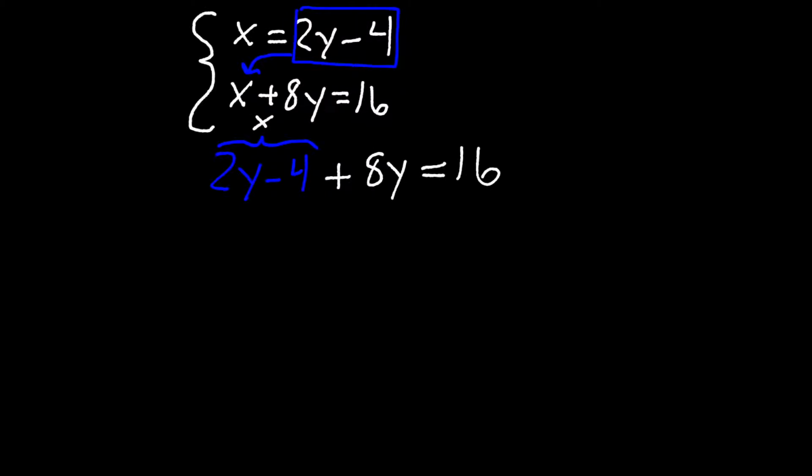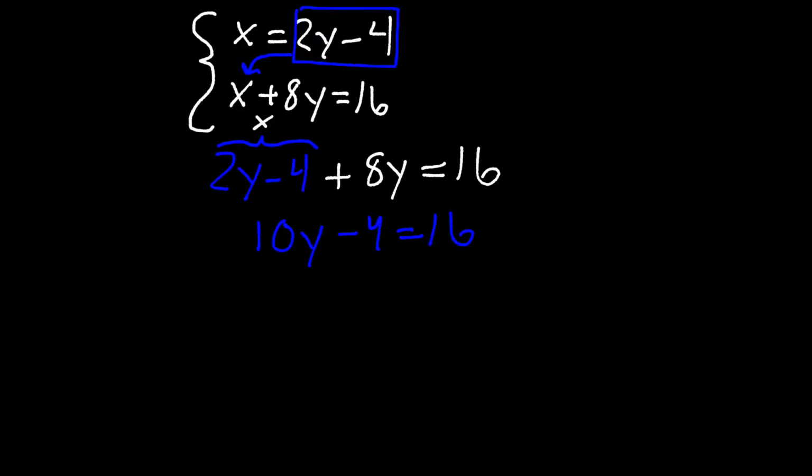Now I have a multi-step linear equation that I just need to solve. I want to combine all of my y's. I have a positive 2y plus 8y, so that gives me 10y minus 4 equals 16.